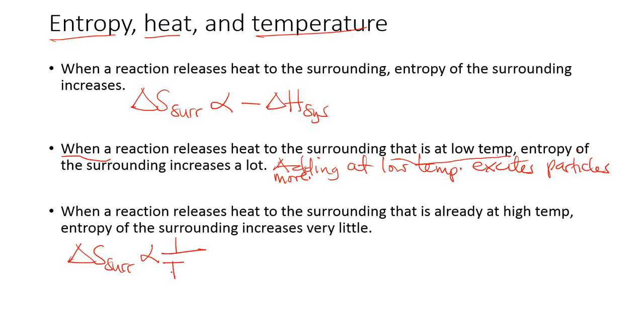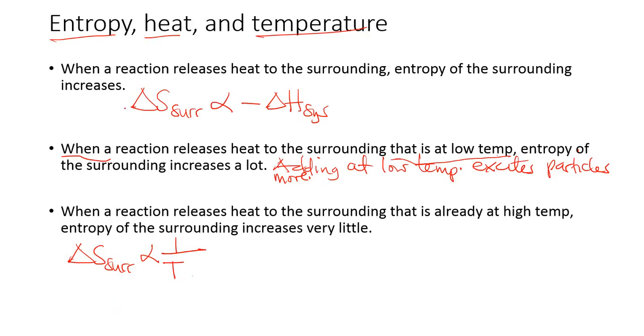This means that if you add heat to a substance that is already at higher temperature, the entropy changes less. If you add heat to a substance that is at low temperature, the entropy is going to change more.